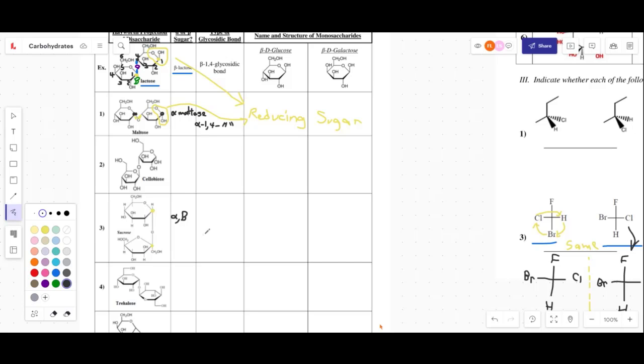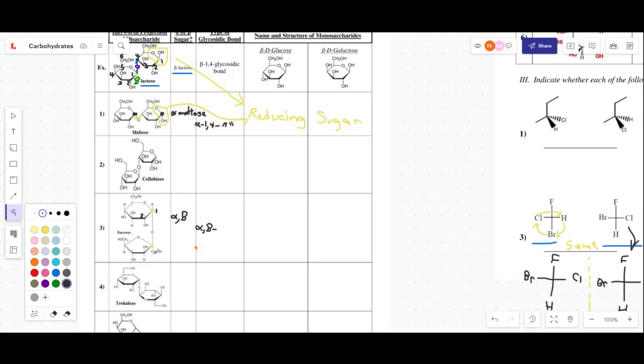Now, if I wanted to describe the glycosidic bond, I would call this alpha, comma, beta, dash, and then the carbon numbers. In the first one, this is carbon number 1. What about the second one?